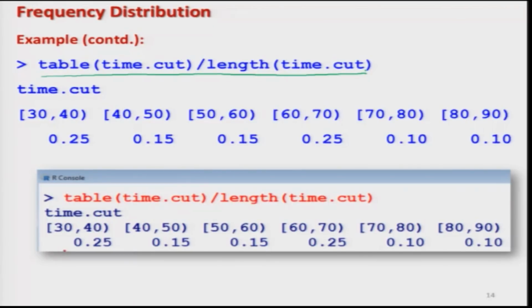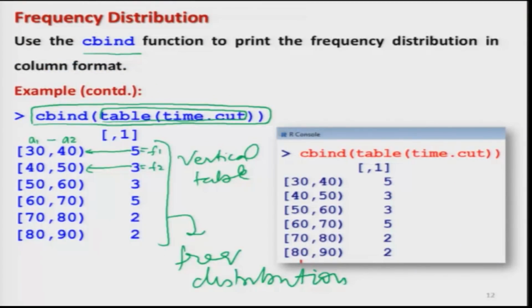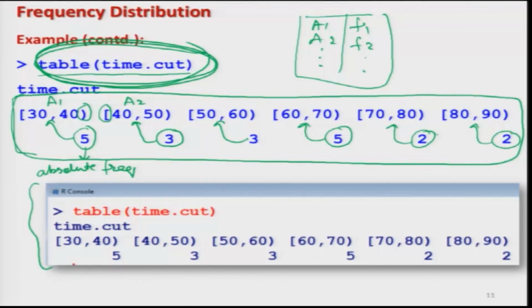So, you can see here I have divided by the length of the vector time.cut, and I am now getting these values: 0.25, 0.15, 0.15 and so on. What are these values? If you try to see what was your outcome in the earlier case, the outcome was 5, 3, 3, 5, 2, 2.